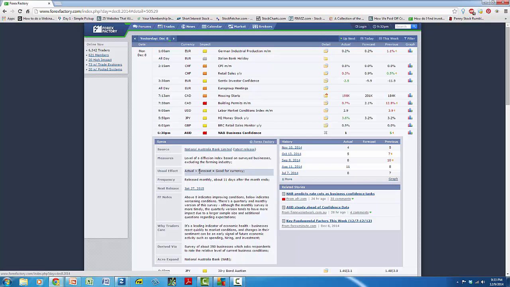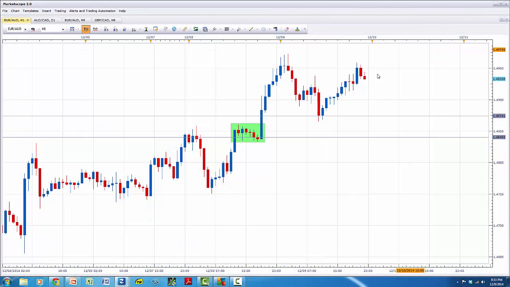A greater than forecast number is good for the currency, so I guess apparently it wasn't. What happened was the Euro just climbed. If you would have gotten in even at 48.60, it went up over the next few hours to like 100 pips, and we got stopped out.